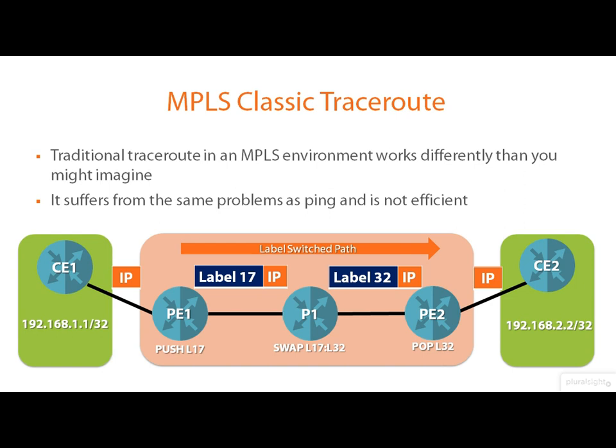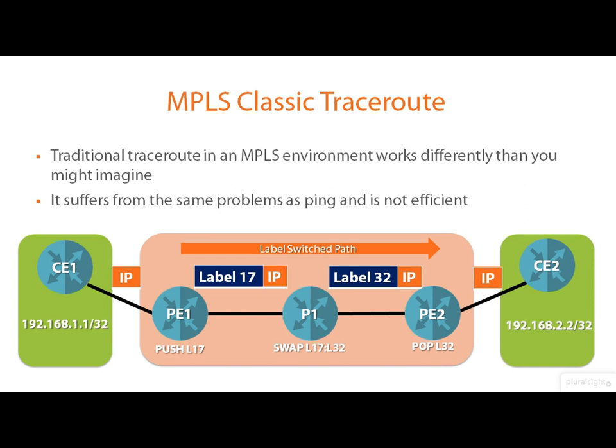So the way traceroute works here is P1 actually generates this ICMP TTL expired message, and instead of sending it back to the source, because it doesn't have a route for the source, it sends it forward along the original LSP towards PE2. So the actual TTL expired message, instead of going back at this point, is going forward.